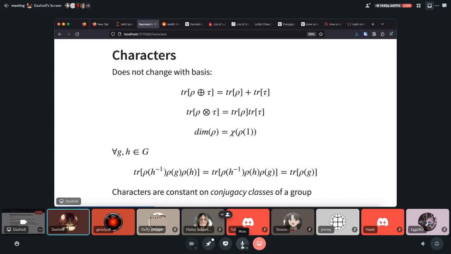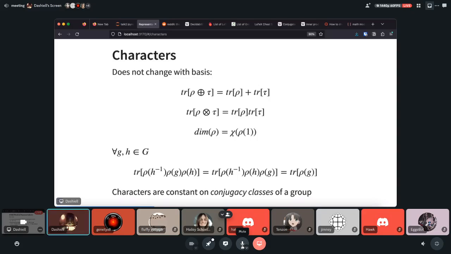And then the other thing is that, like I was talking before about how you can take direct sums and tensor products to put two representations together. It's not as clean right now, but we'll get into this later.